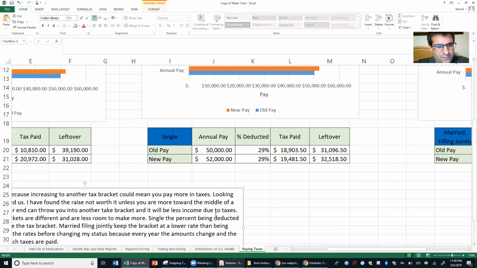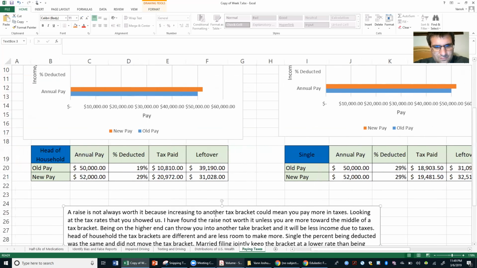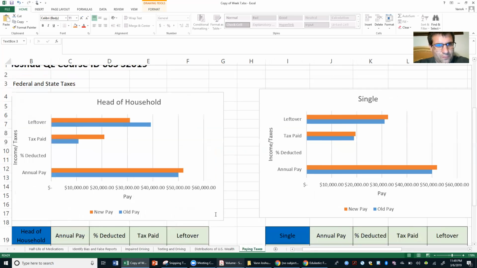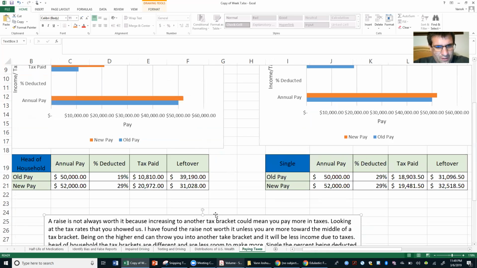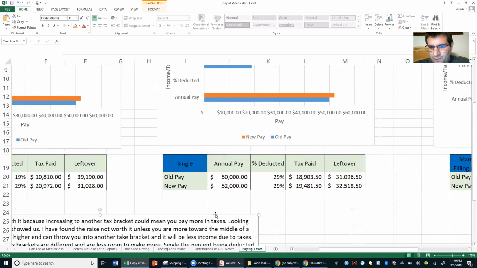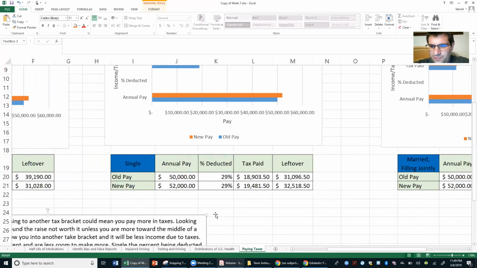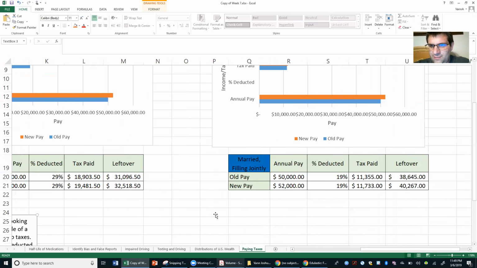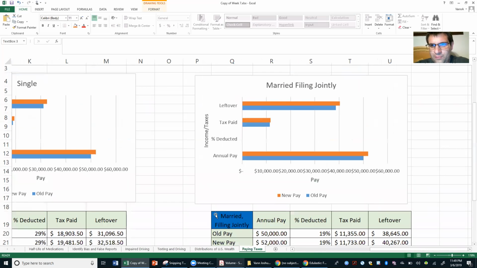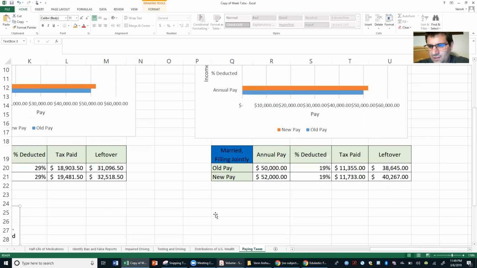The leftover for head of household was 31,028. The leftover for single was 32,518.50, and then the most leftover was the married filing jointly with 40,267.